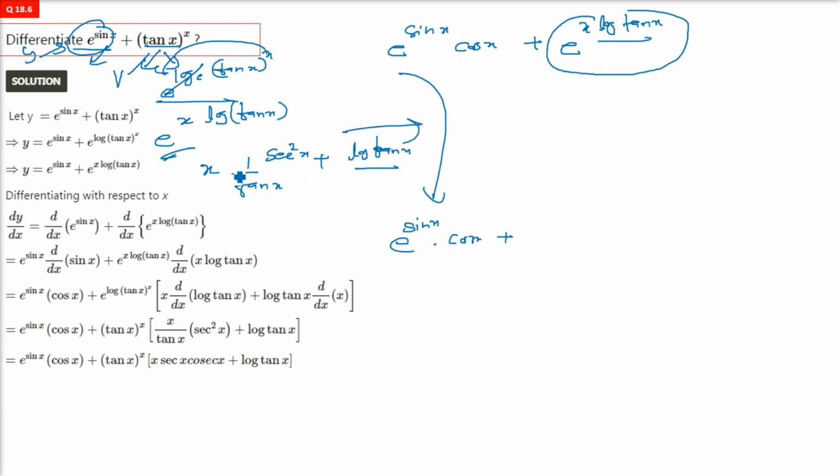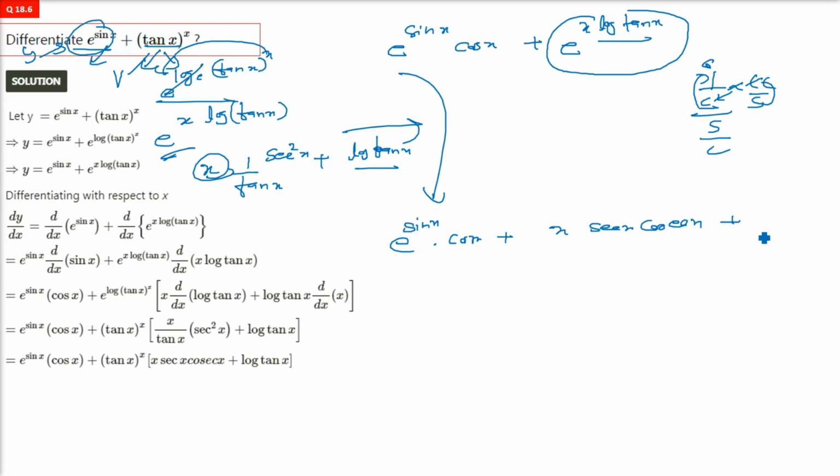So we have 1 by cos square x, x into sec square x by tan x, which is 1 by cos square x by sin by cos. So this goes up and this cancels, and finally you get x sec x cosec x, plus log tan x.